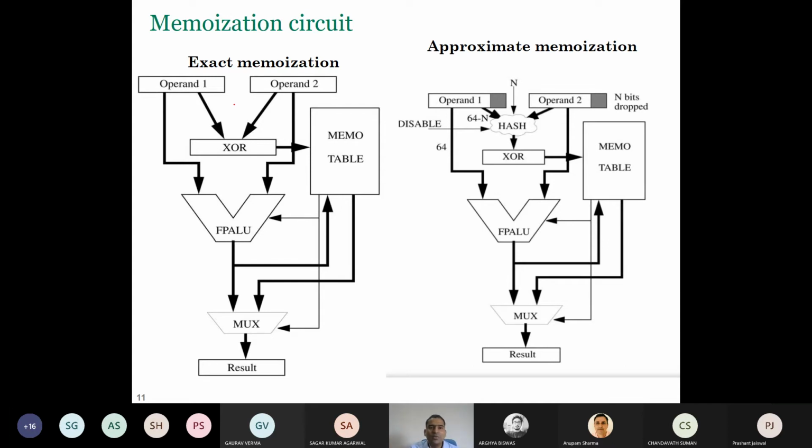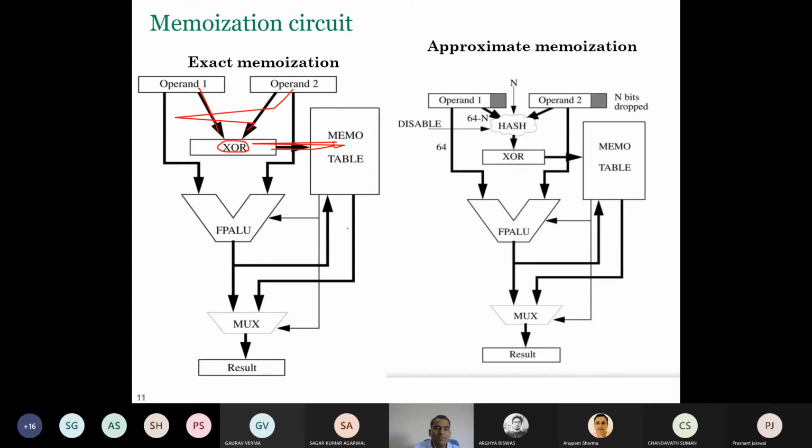So in memoization, we take operand 1, we take operand 2, we have some XOR just for hashing, and we read the memoization table. Here we are assuming that the memoization table is already filled up. We are just reading the value from the memoization table, not writing anything to it for now.